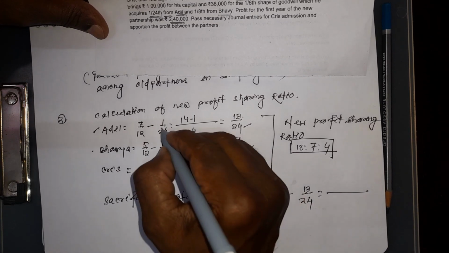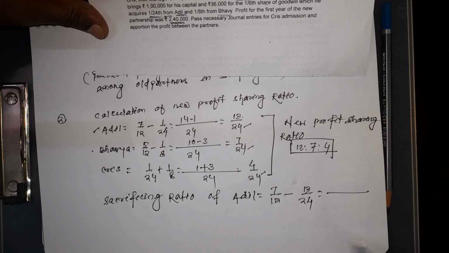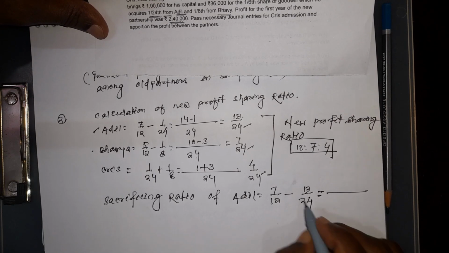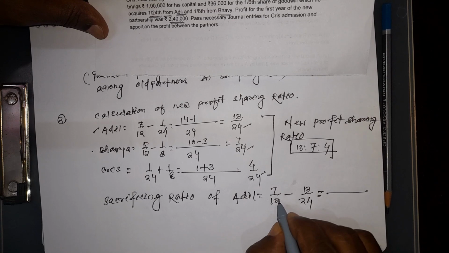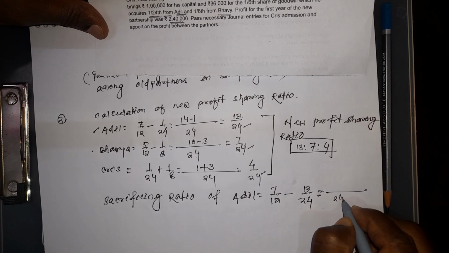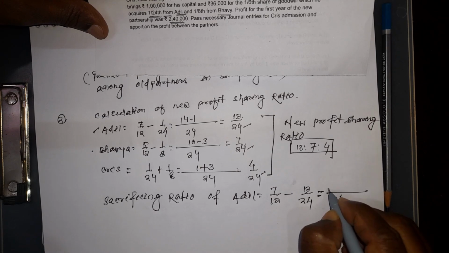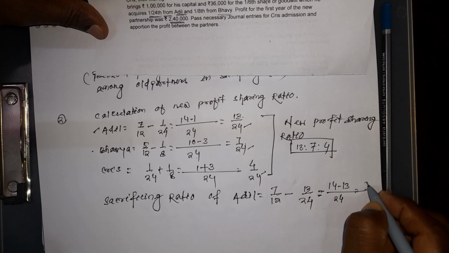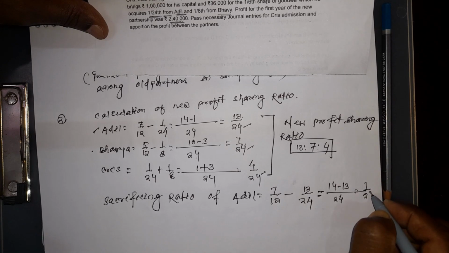You can directly calculate from here, and it will be very easy for you. Just compare the old and new profit sharing ratio. The denominator will be 24, and the numerator will be 14 minus 13. It will be 1 by 24.